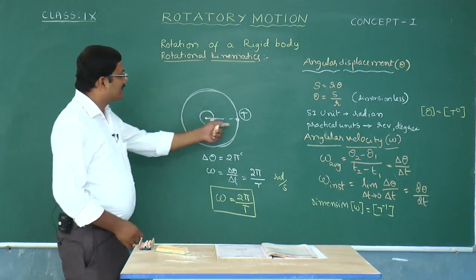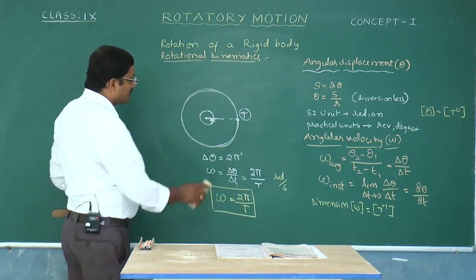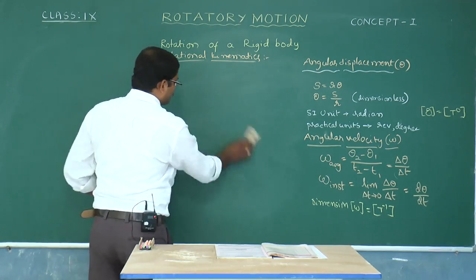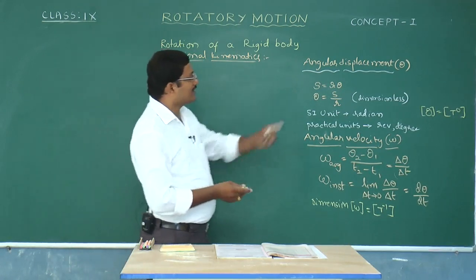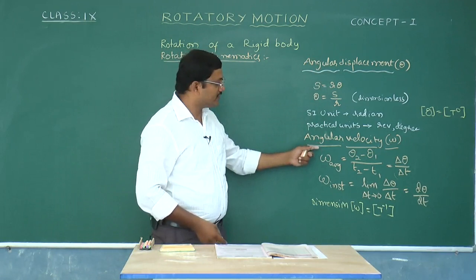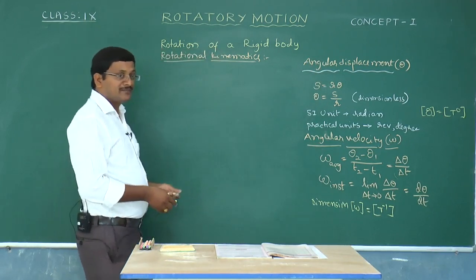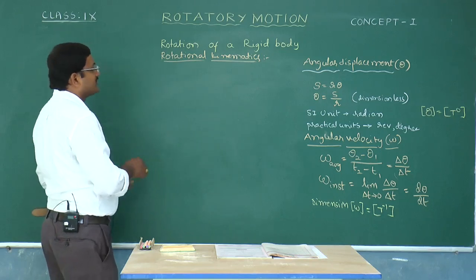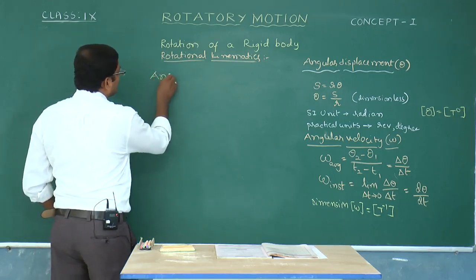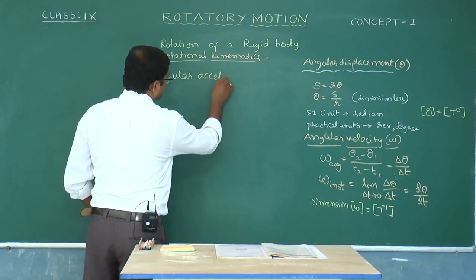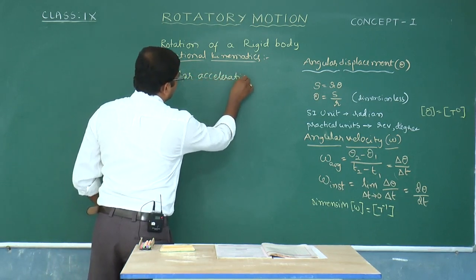Take the same rigid body. As angular displacement changes with time, we introduced angular velocity. If this angular velocity is also changing with time, then we can introduce one more physical quantity called angular acceleration. Its symbol is alpha.